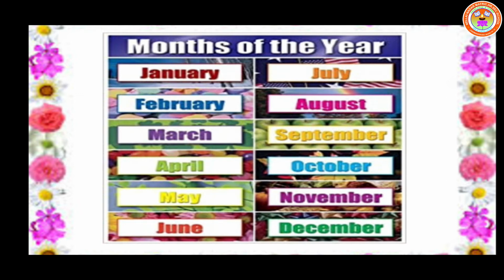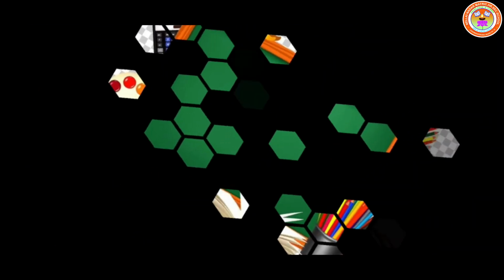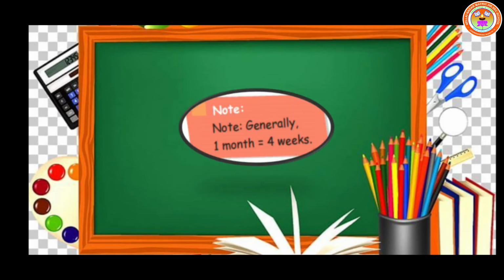If February month has 28 days, we call that year an ordinary year. If February month has 29 days, then we call that year a leap year. Okay? Next thing is 1 month is equal to 4 weeks, students. 1 year is equal to 52 weeks.